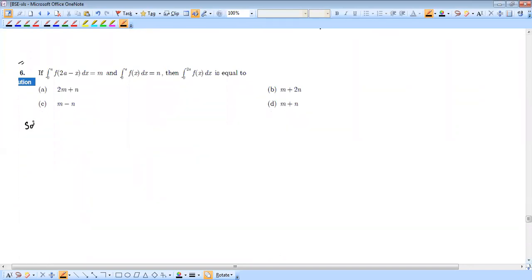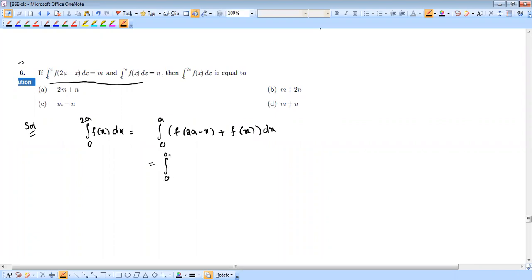integrations. This one is nothing but properties. Integration 0 to 2a f of x dx. We know a property here: integration 0 to a f of 2a minus x plus f of x dx.